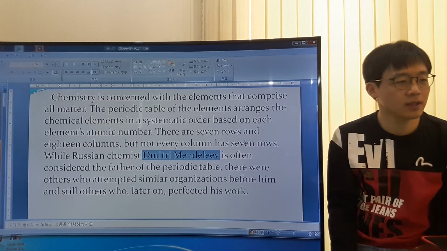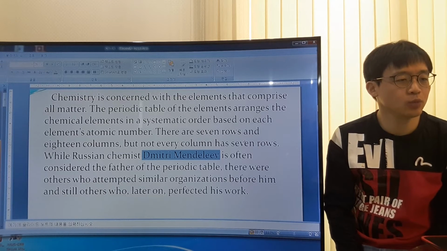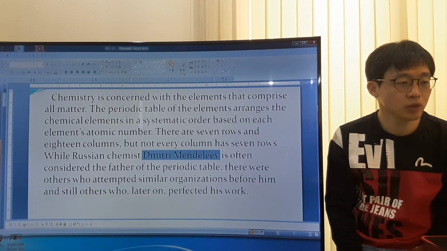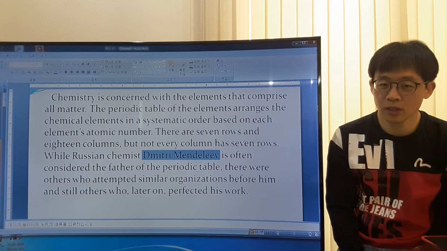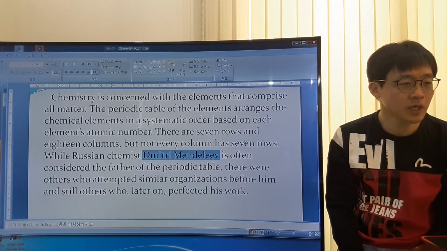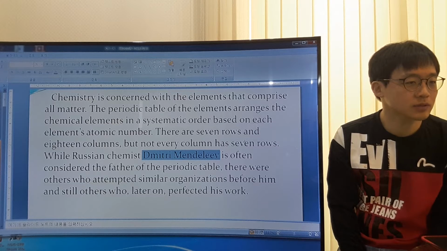So although he was thought to be one of the most important people in the forming of the periodic table, there were still other people who did the study before him and who did the study after him. That's what it means. So what is this part about?